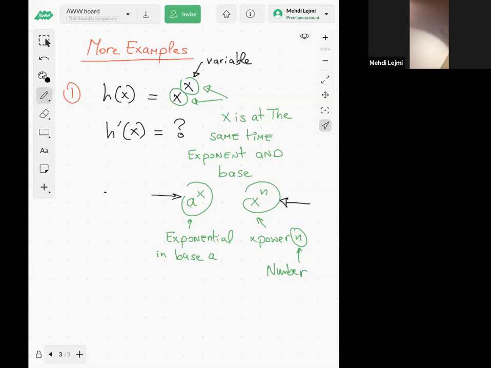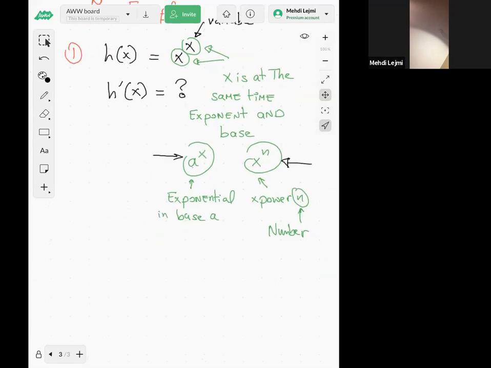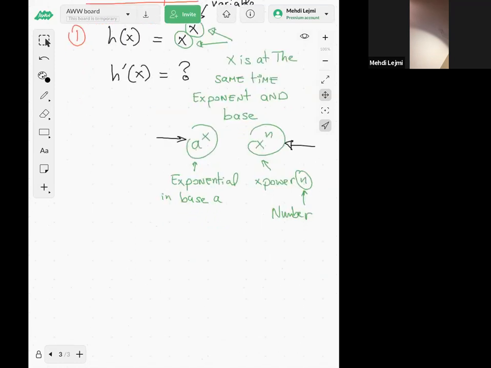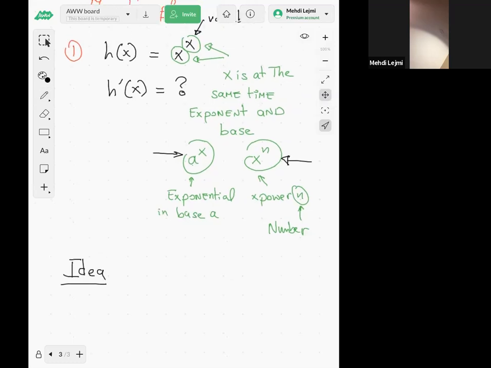So the idea, guys, is that whenever you have an x as exponent, as a power, we apply what we call the log trick. So how to compute the derivative of such a function?